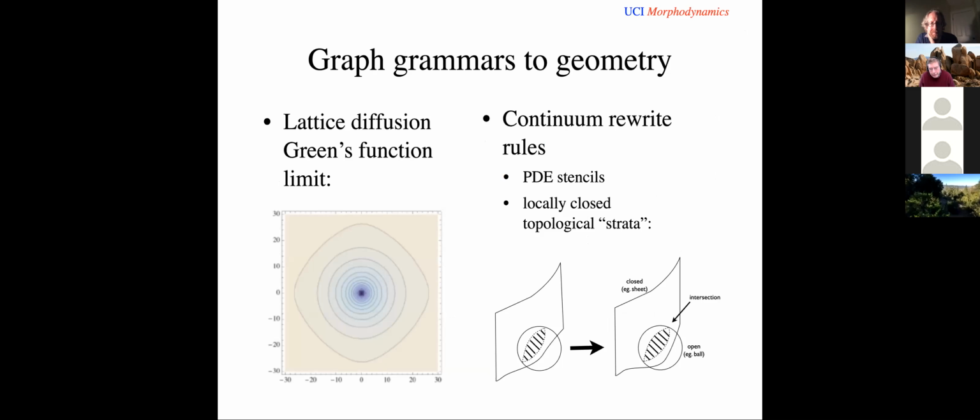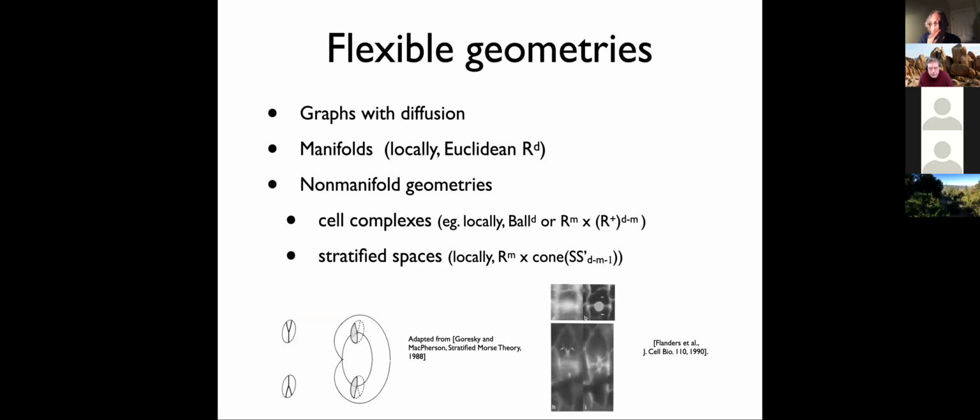For example, if we compute the Green's function associated with the Laplacian for diffusion on a grid graph, as shown on the left here, then when you make the grid graph big, the contours circularize. There's an intermediate range of scales in which you've basically got the continuum limit. So we ought to be able to take continuum spatial limits as well. And that's a potential way to do it.